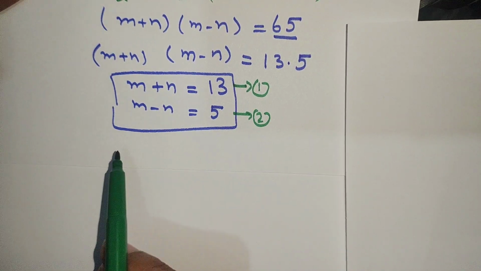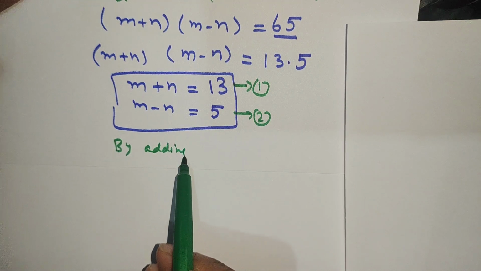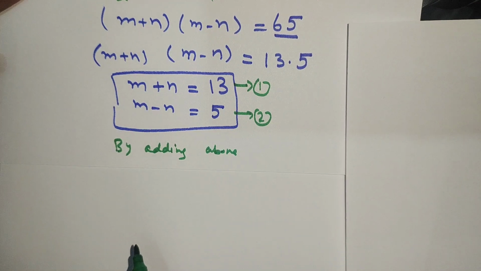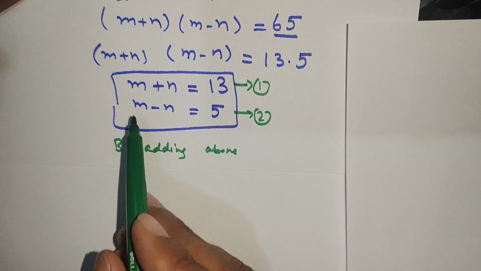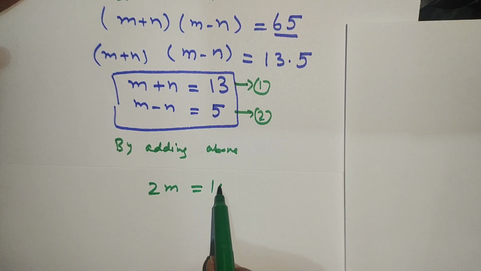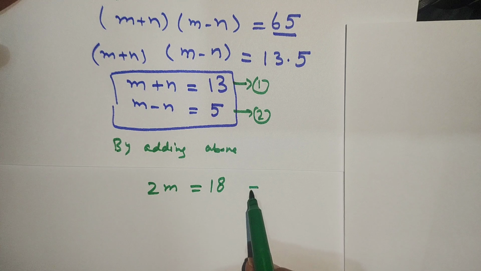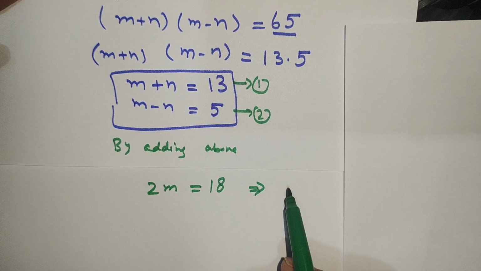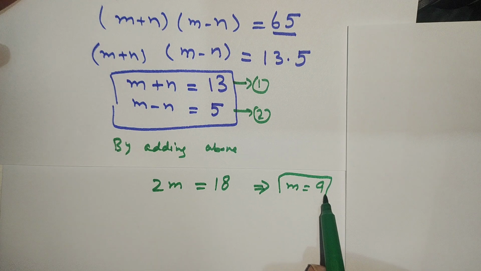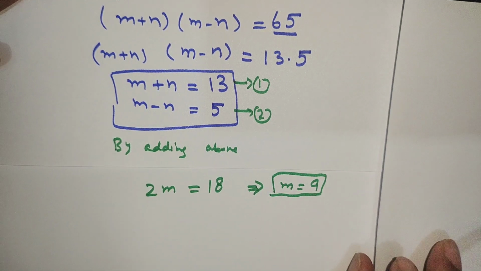By adding these two expressions, we simply have 2m is equal to 18. From here we simply have m is equal to 9.